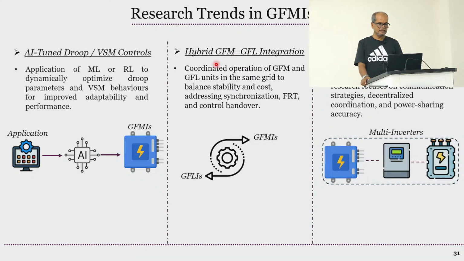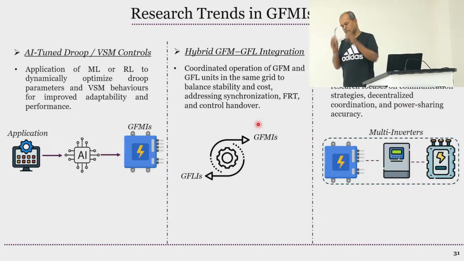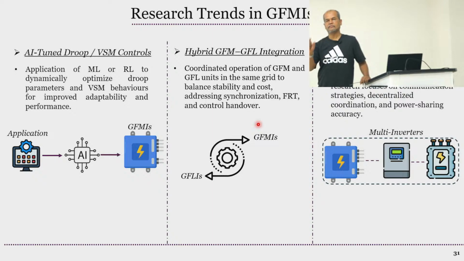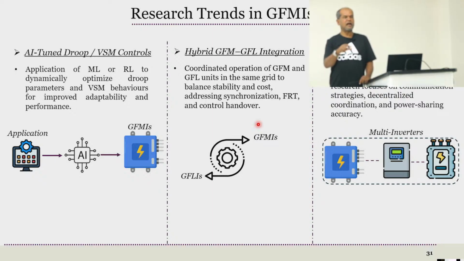Hybrid: how GFM and GFL work together. For example, if you have 100 inverters, how many do you need as GFM and how many as GFL? What should be the ratio?